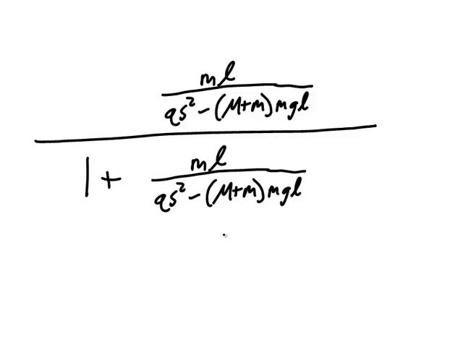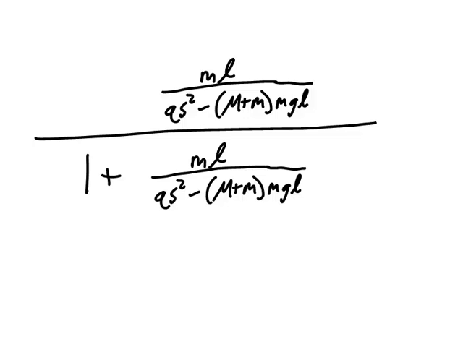I'm going to simplify this system a little bit, and then let's take a look at what the step response of this system looks like. To help me reduce this system equation into our transfer function form, I'm going to start by multiplying the numerator and the denominator by qs squared minus m plus m times mgl, this whole denominator.